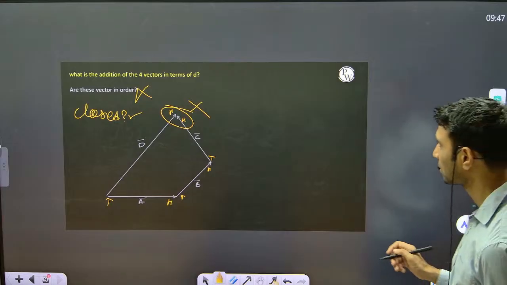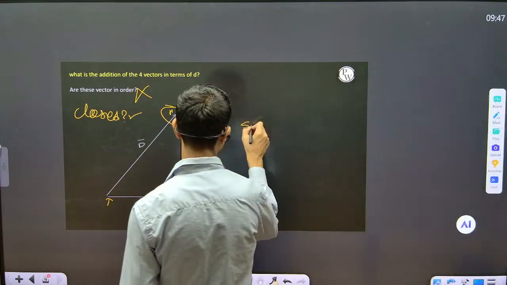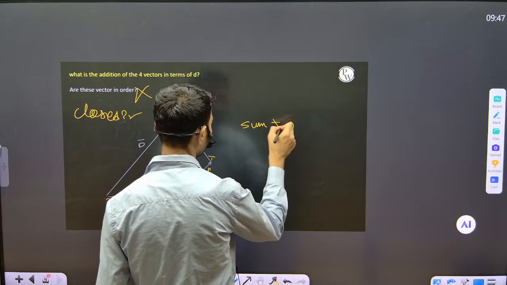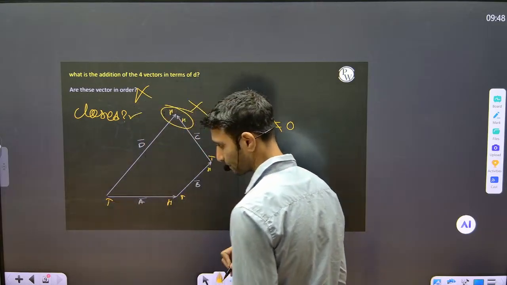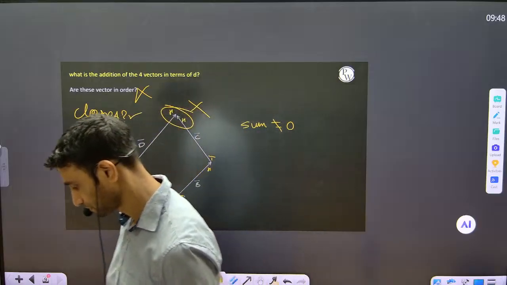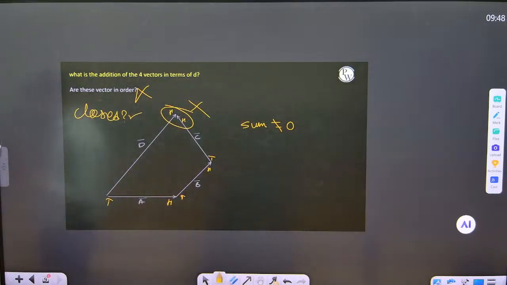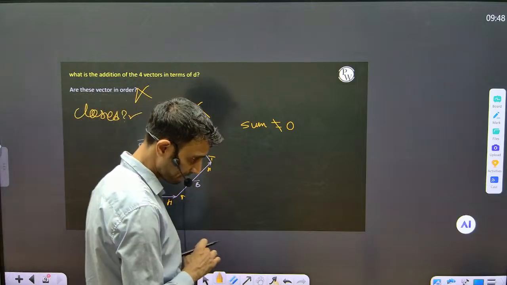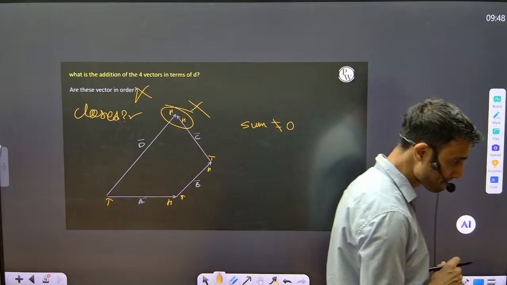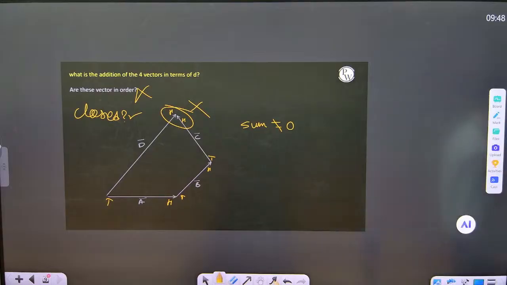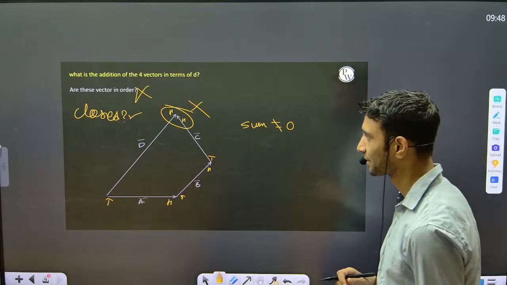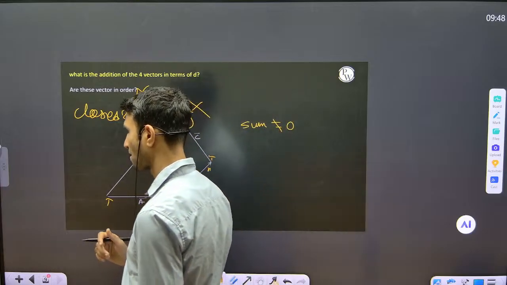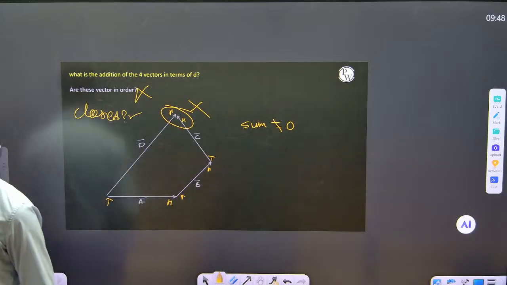So the sum will not be equal to 0. That's for sure. Sum is not 0. So how much is the sum?